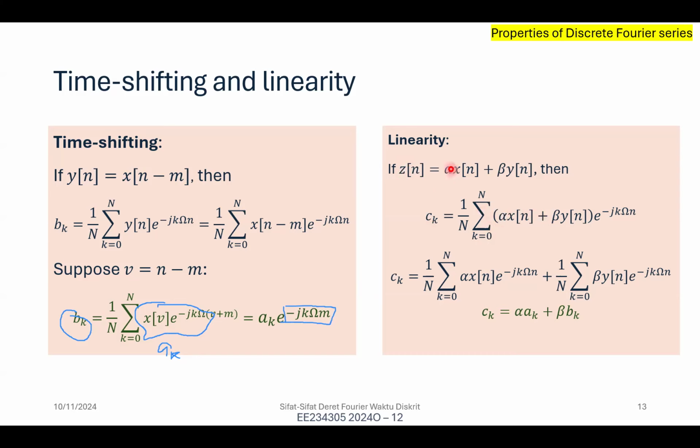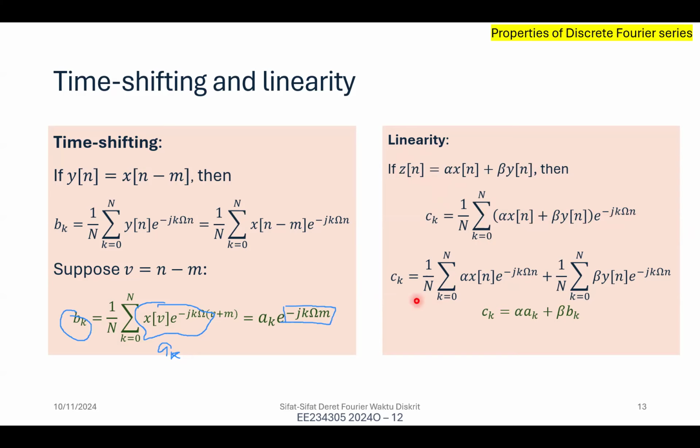If we plug in this value, we get alpha xn plus beta yn times e to the minus jk omega n.